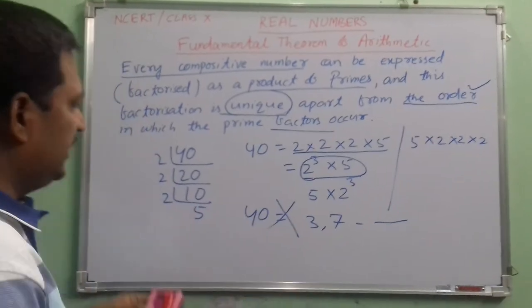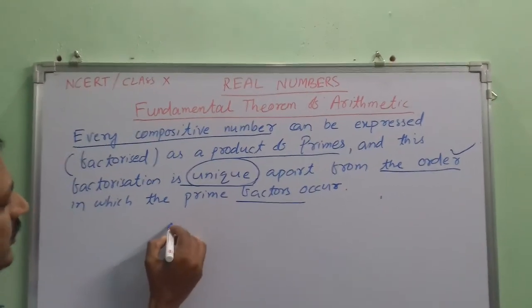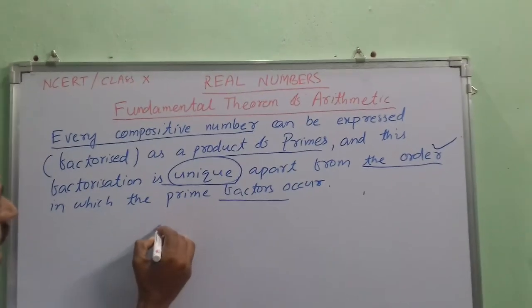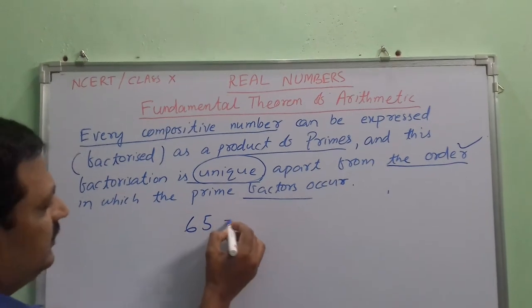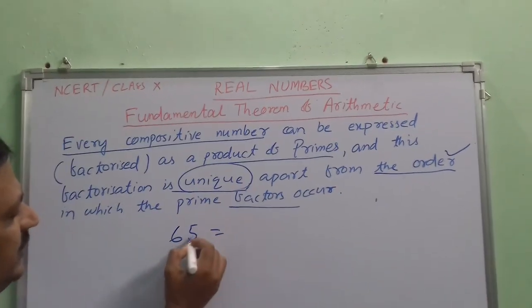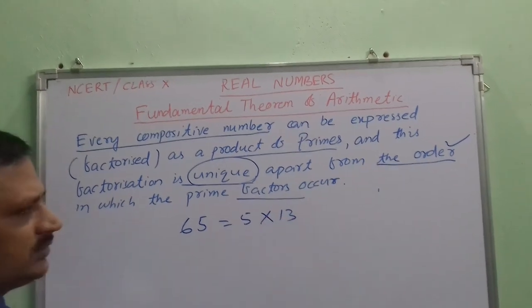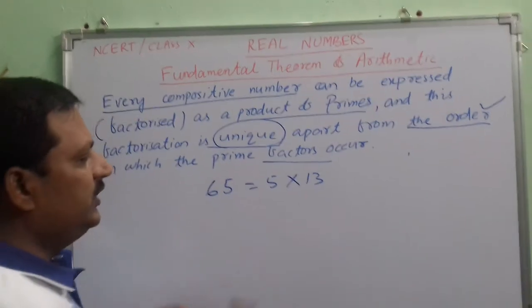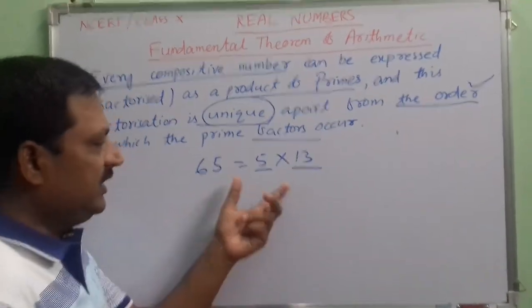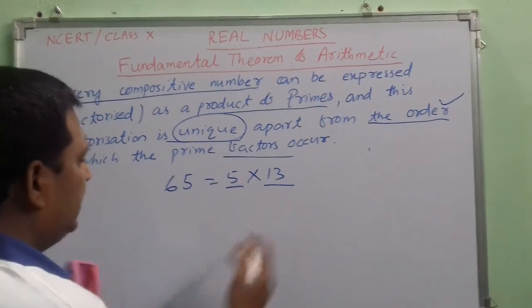Let's take another example. Suppose we have 65. It can be written as 5 into 13. So both are prime numbers. Here it can be written in the form of the product 5 into 13. Let's take another example.